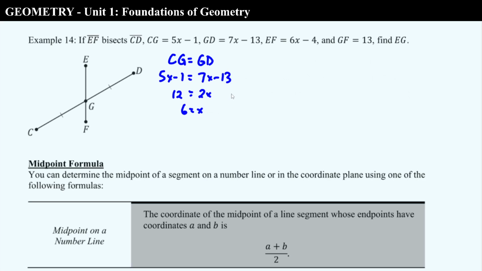So now that we know what x is, we can find what EF is, which is the length of the whole thing. EF is 6x minus 4. Plug in 6 for x, and you get 36 minus 4. So EF is going to be equal to 32.